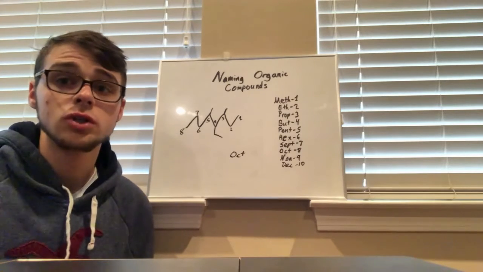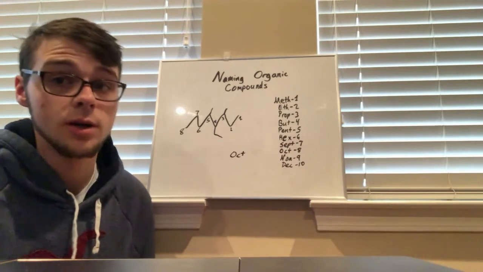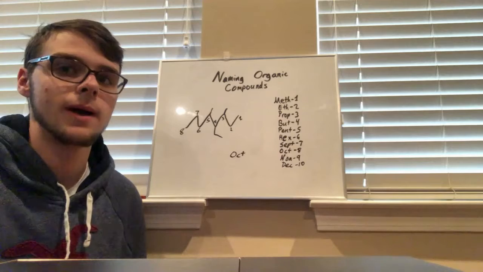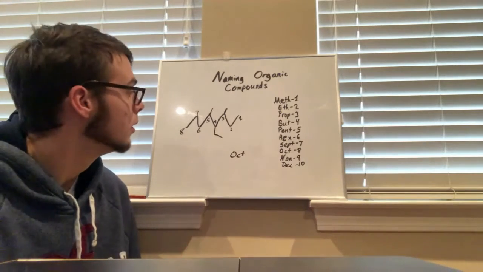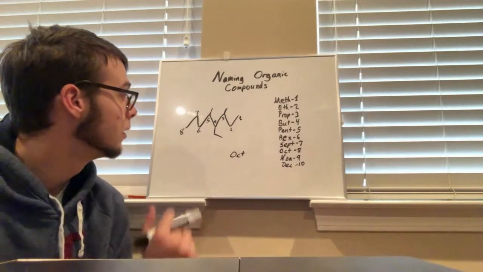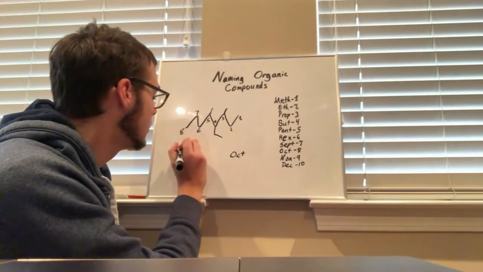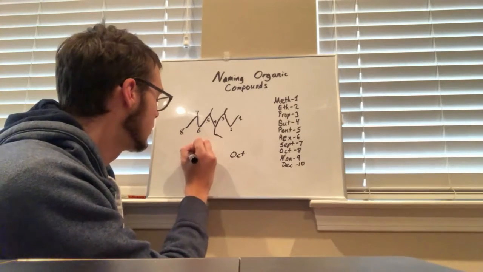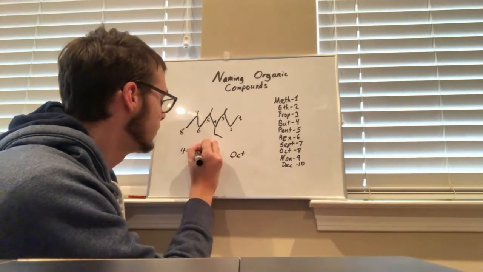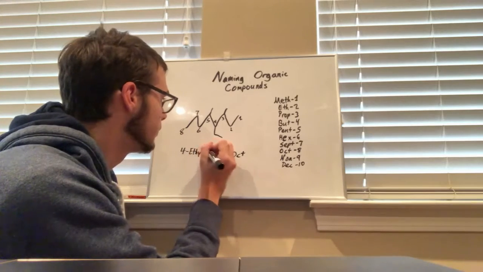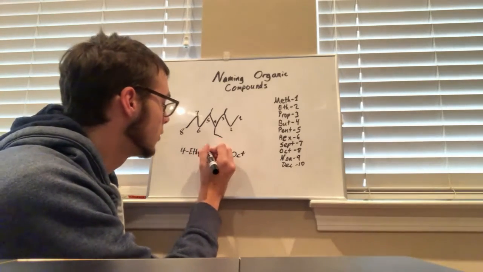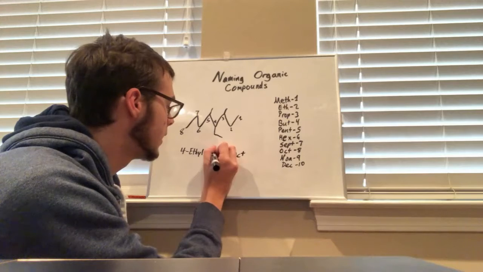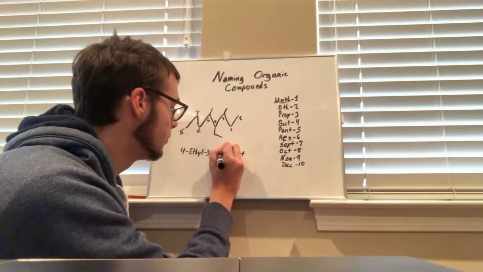Now, we have to make sure that the ethyl group comes first in our compound name because we have to do it by alphabetical order. Therefore, this one would be 4-ethyl, 3,5-methyl.